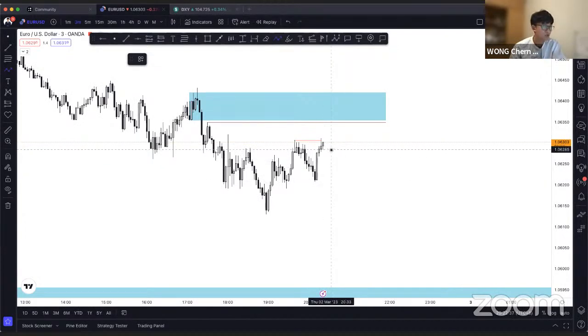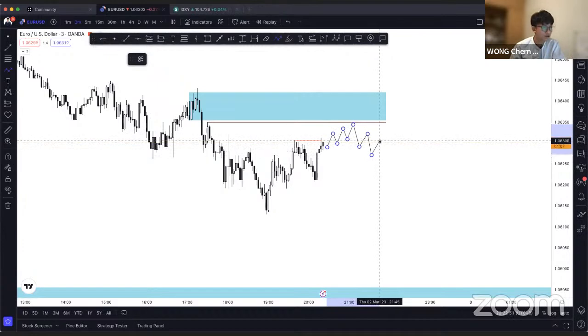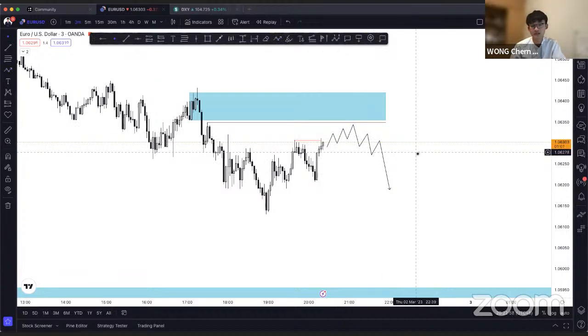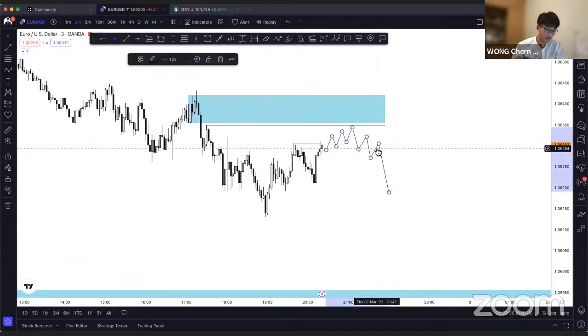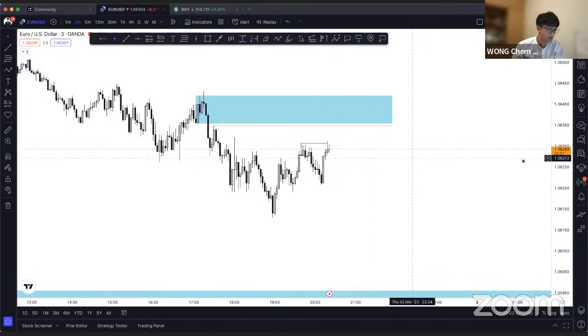I will want to wait to see a very clear change of character over here that led to a break of structure, followed by more downside potential, and then I will enter right above here or here. That's essentially what I will be looking out for on the euro dollar.